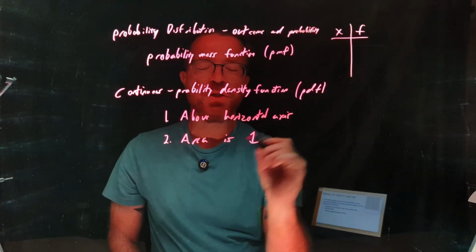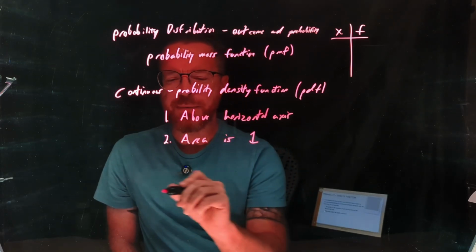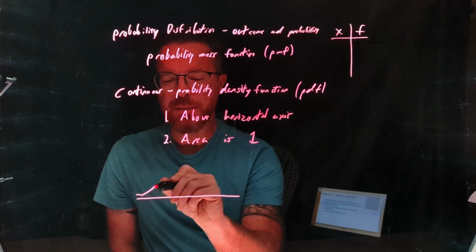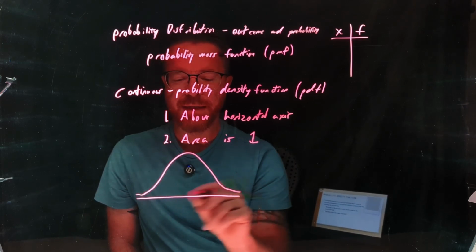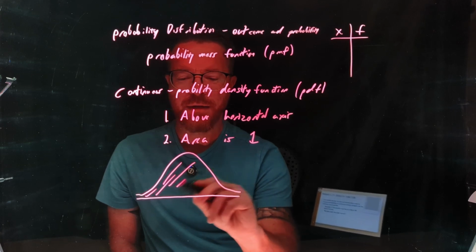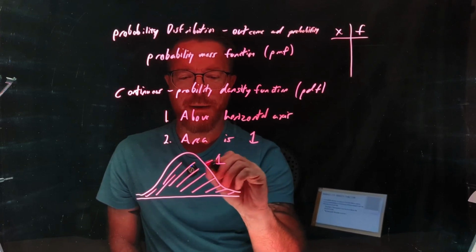So just to give two brief examples of what this might look like, the one that we're going to be looking at in this chapter is you have a normal distribution, which would look something like this. It's a bell-shaped plot, and notice that it's above the horizontal line, and this entire area would be 1.